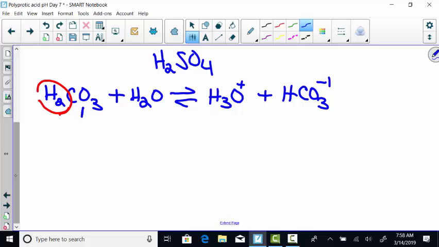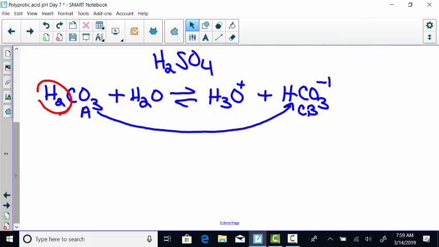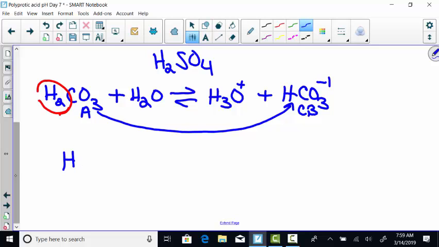So this is the acid, this is its conjugate base. But that conjugate base then turns into an acid in the next step.